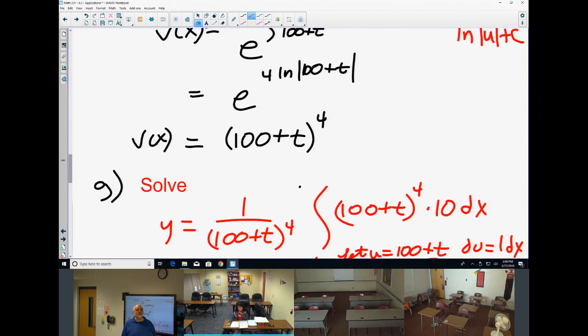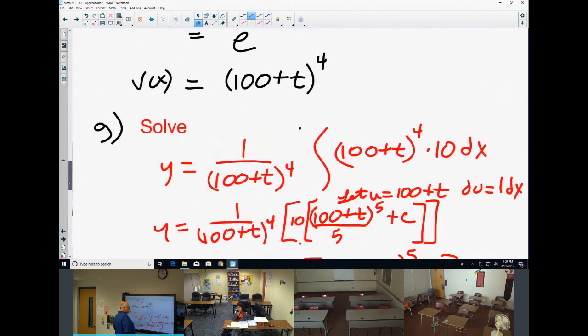Not x cubed over 3, you're taking the derivative. With the integral, you add 1 to the exponent and then divide by that new exponent. So it's going to be 100 plus t to the 5th divided by 5 plus c. And then the 10 I brought in front.